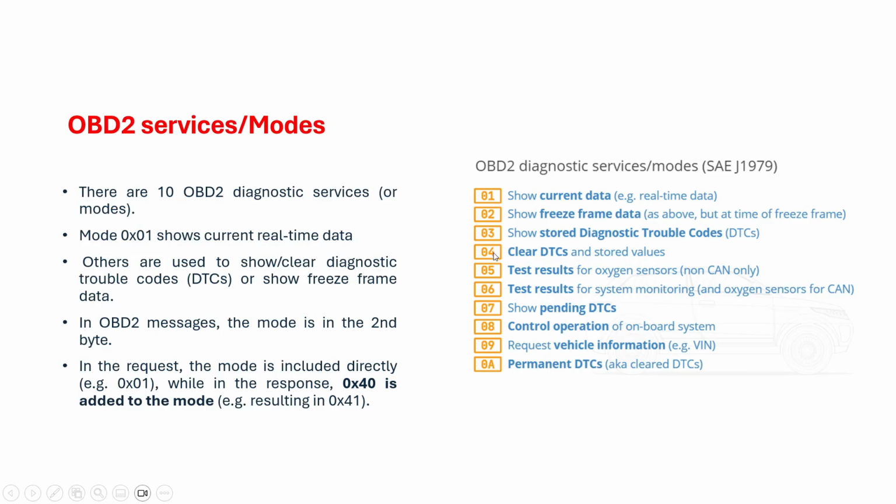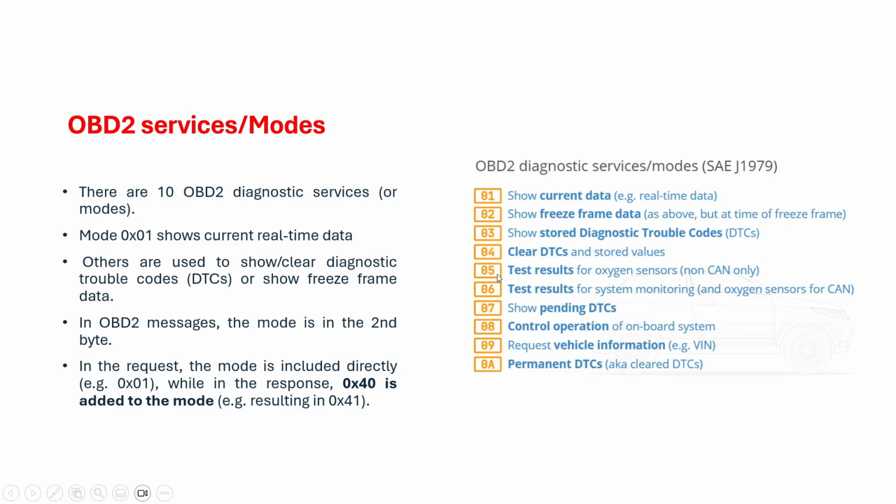Mode 4 is used to clear the DTCs after repair and rectification are done. Suppose you have rectified all the faults in your vehicle, then you have to clear the trouble codes generated by the system. For that you can use the frame with the mode ID of 04.